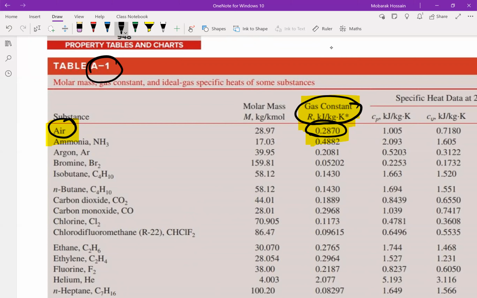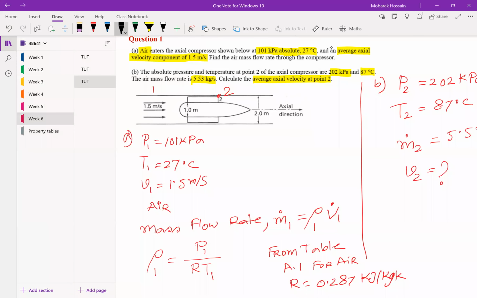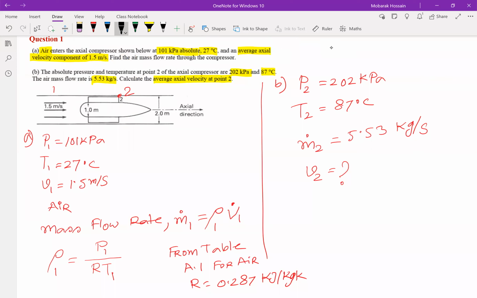You can see the unit given here, kilojoule per kg Kelvin. So let's get back to the problem. We got R from table A1.